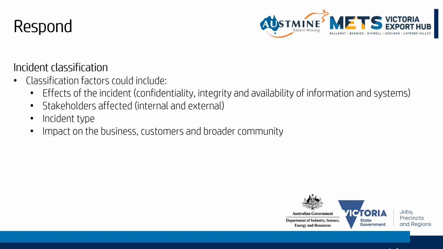So what effect does it have on the confidentiality of data, for example, yours internal in your company, but also your customers' data, the integrity and the availability of information and systems, for example. How does it affect your stakeholders, both internal and external? What is the incident type? So what is the actual breach? And what is the impact on your business, on your customers, and on your broader community?